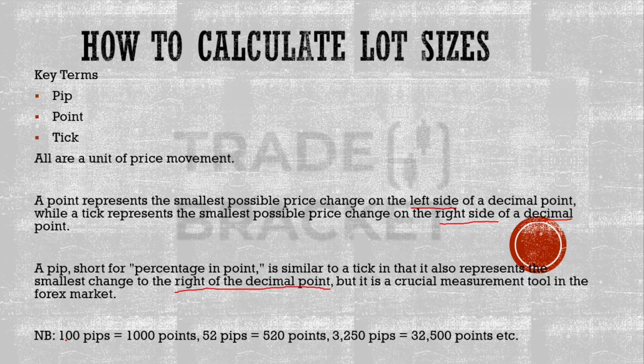You just take 100 times 10, which gives you 1,000 points. Same thing, 52 pips times 10 will give you 520 points, and so on. As you can see, 3,250 pips will be 32,500 points.